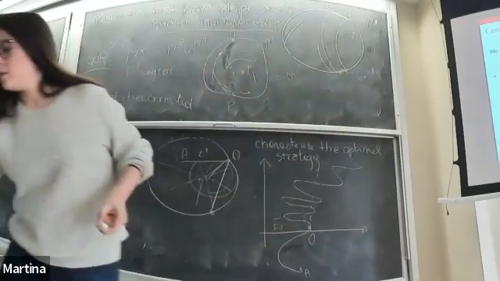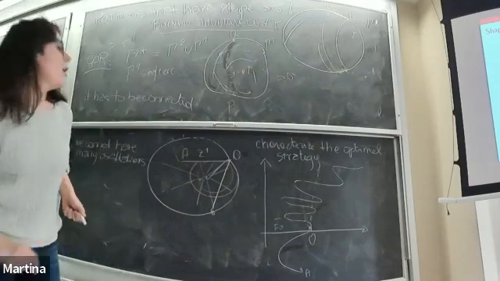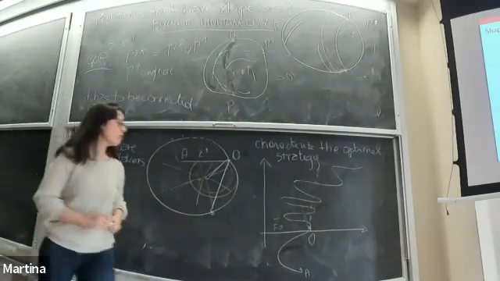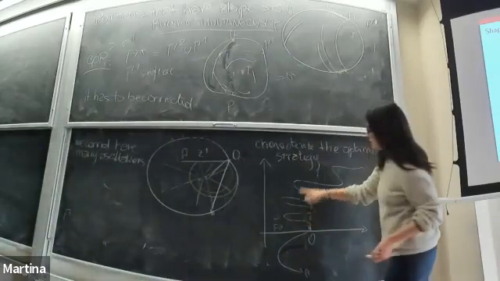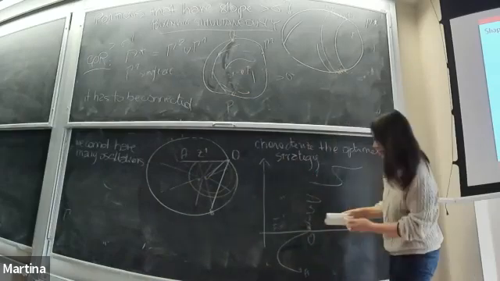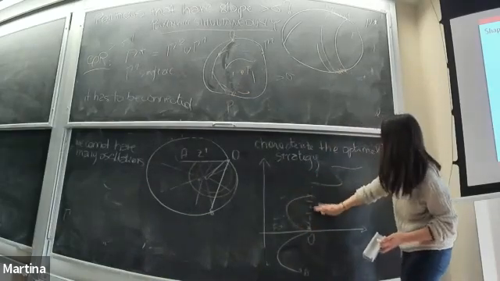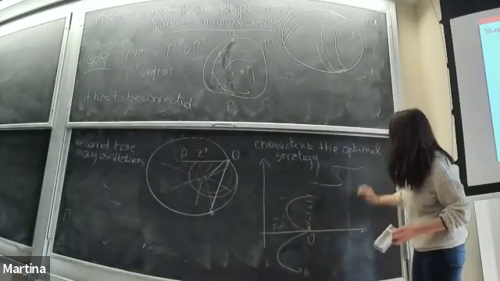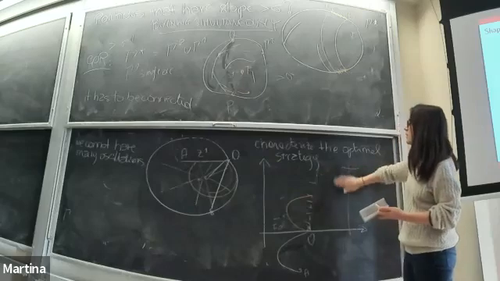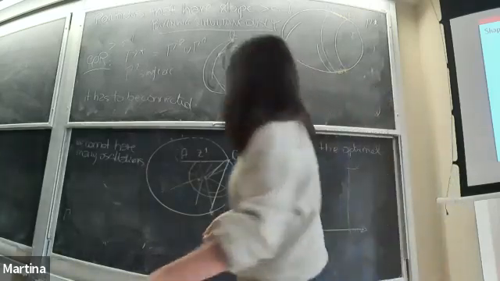Then we cannot have, until here, many oscillations. So the figure should be like this. And then there are two possibilities. Trust me that you cannot have three or more oscillations.